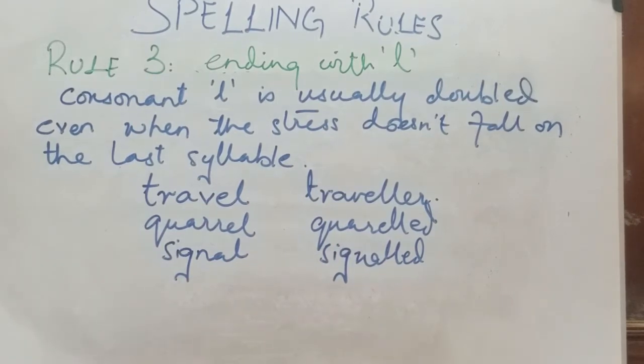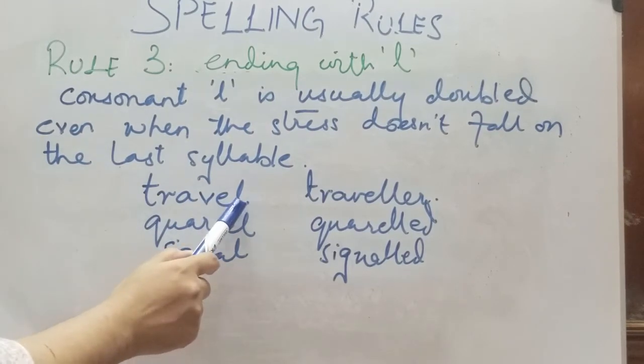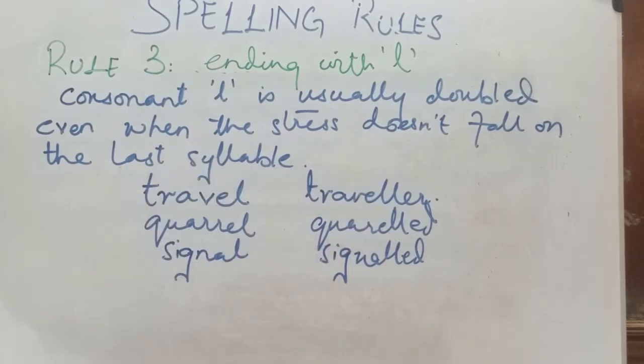So whenever you see L at the last of your word, you are automatically going to convert into double consonants over here. I hope this rule is clear to you. We have gone through 3 rules over here. We are going to now check what rule number 4 has to say.